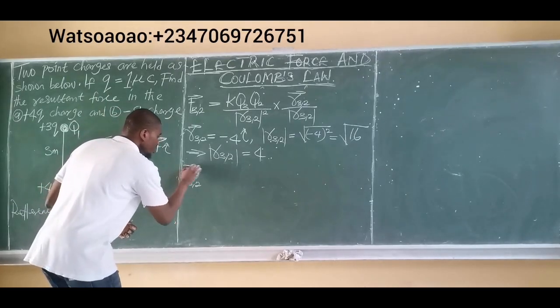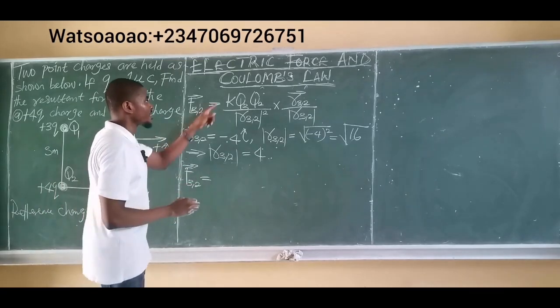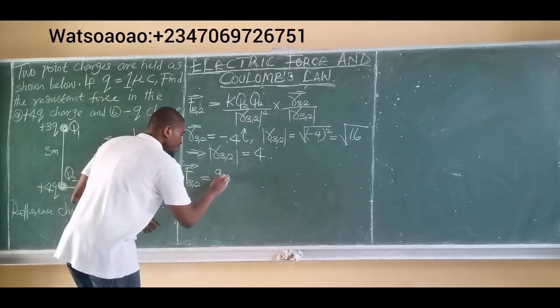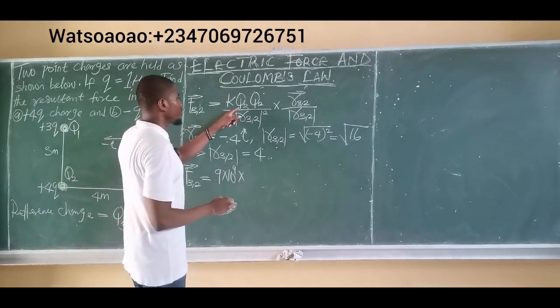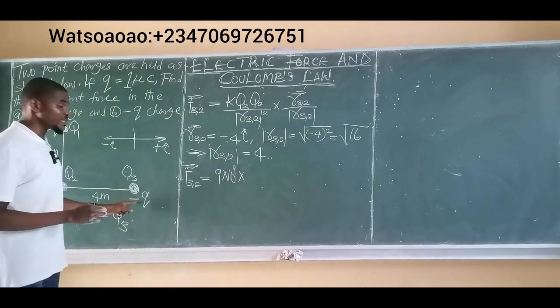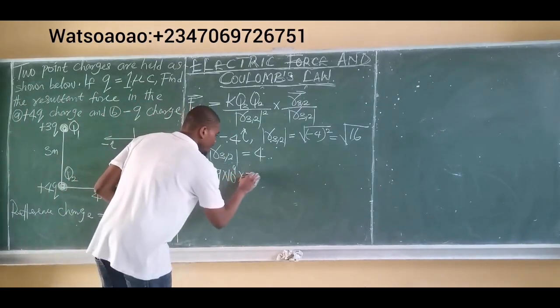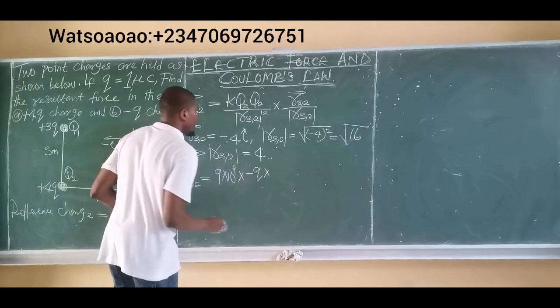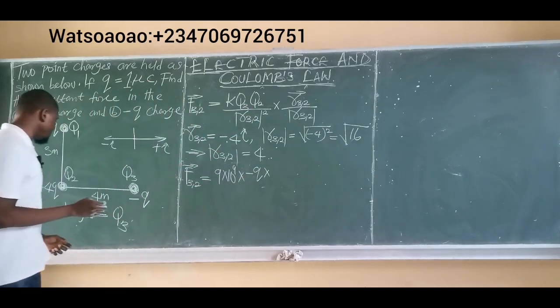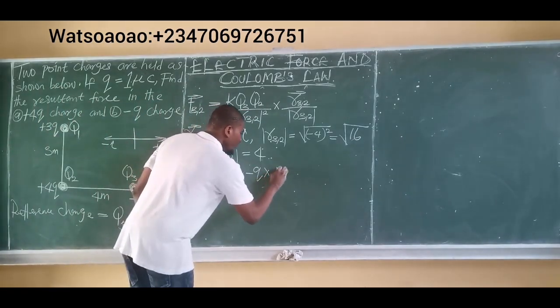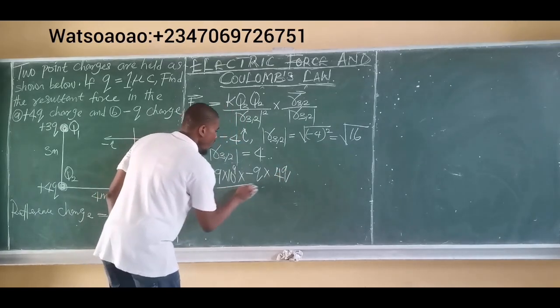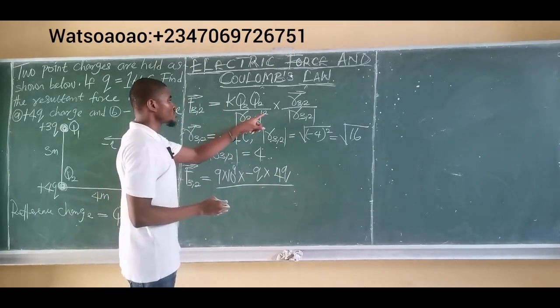From the formula, F3 2 is going to be, remember, K, which is 9 by 10 to the power of 9, multiplied by Q3, which is the negative Q charge, minus Q, multiplied by Q2, which remains the plus 4Q charge, all over the magnitude squared.